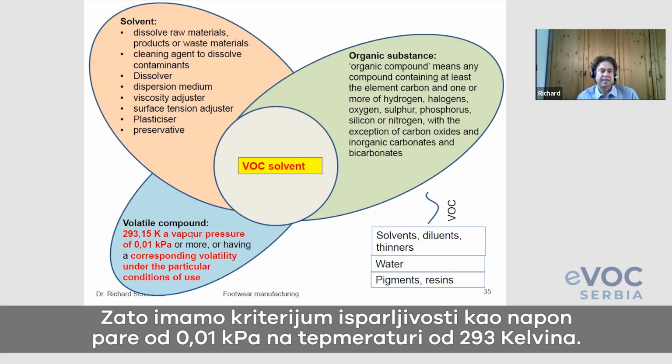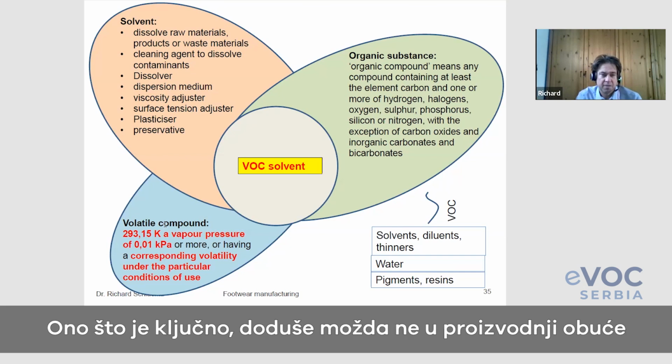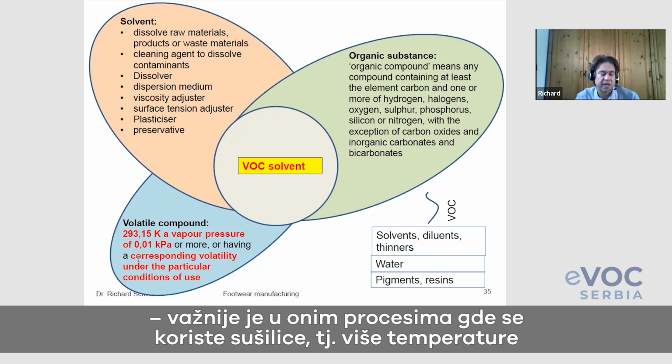But now the crucial point is if they are volatile or not. And for that, we have a volatility criterion, and that is 0.01 kilopascal as a vapor pressure at a temperature of 293 Kelvin. But very crucial, though maybe not relevant here for the shoe manufacturing. That is more relevant if you use higher temperatures in a dryer.